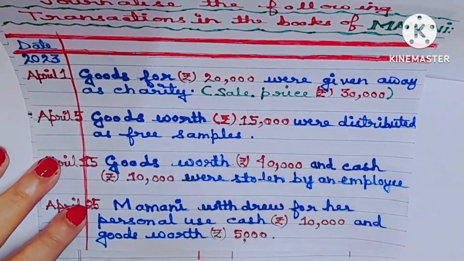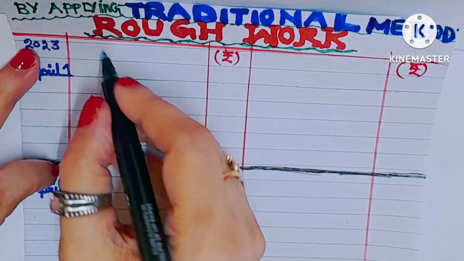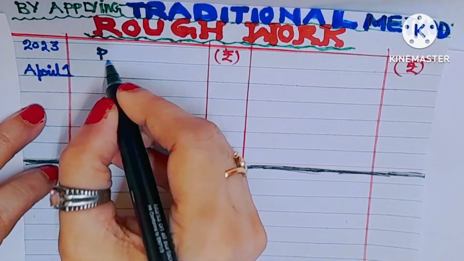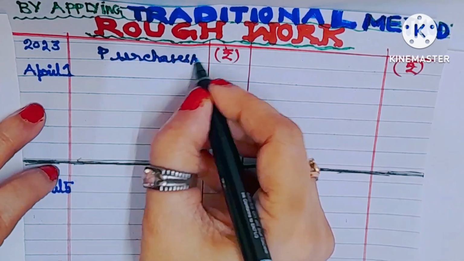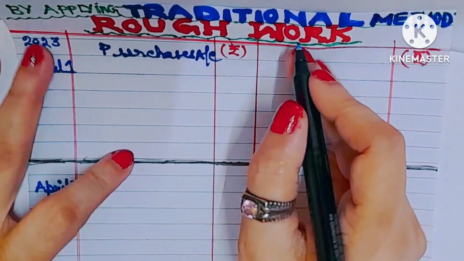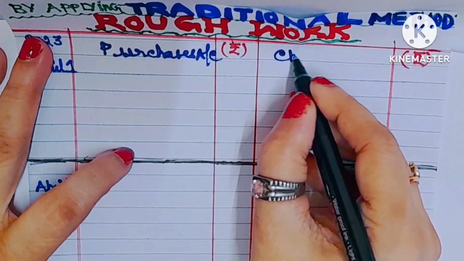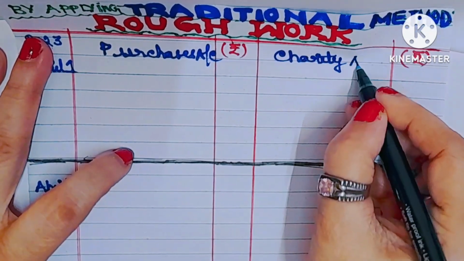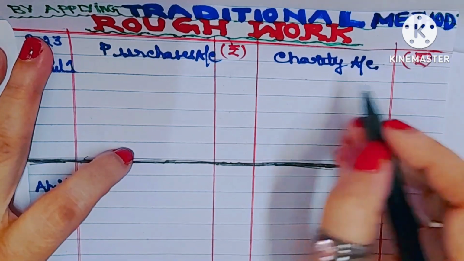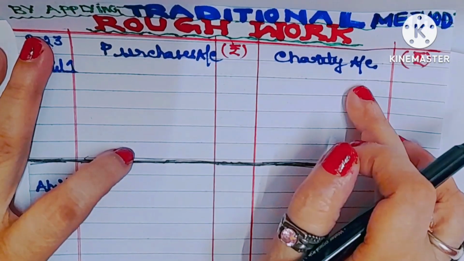Okay? So let's write. So the first account will be purchases account. And the second account will be charity account.